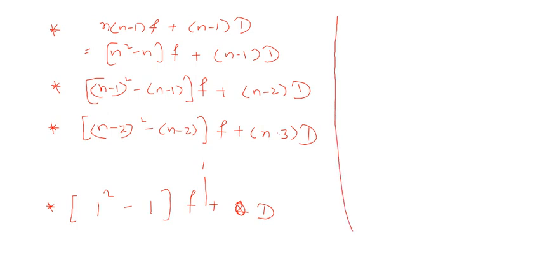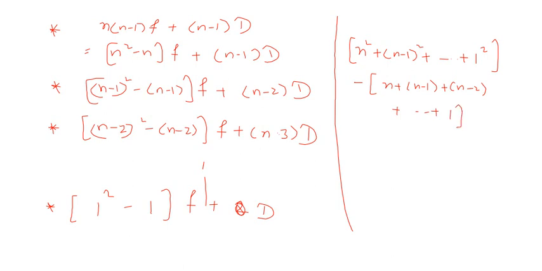So what if you collect the total number of steps here? You can see the pattern. The total number of flops is n square plus n minus 1 square plus and so on plus 1 square, minus n plus n minus 1 plus n minus 2 plus and so on plus 1. That is the total number of flops.